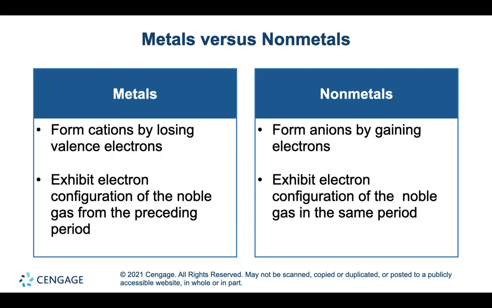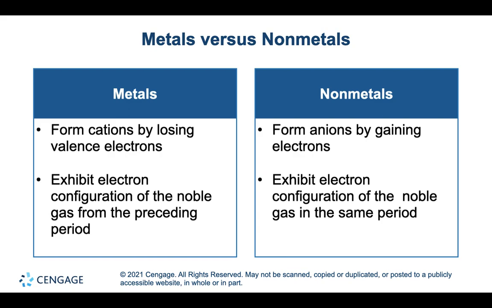So like sodium, number 11, when it loses an electron, its electron configuration will be like neon, which has 10 electrons, but neon is the noble gas in the period above sodium. So sodium's in the 3rd period, neon is the 2nd period noble gas. And so metals are going to attain a noble gas configuration, but they're going to get there by losing electrons and going backwards to the row above.